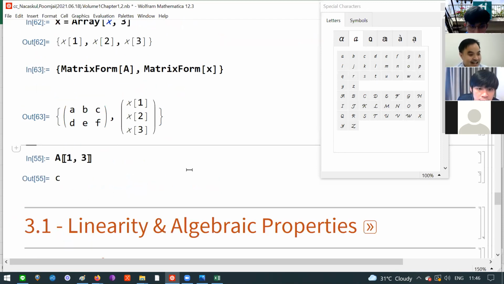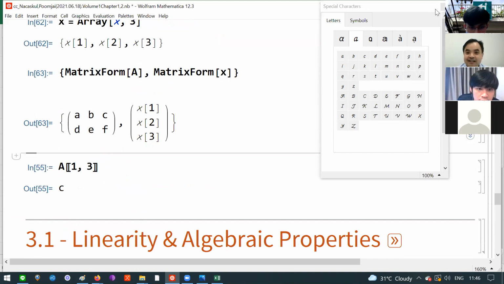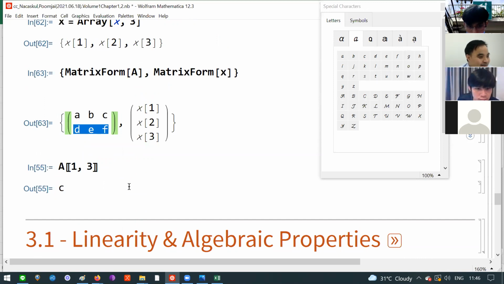Okay. Now, do you guys notice anything? Well, if I block this, forget BEF, just ABC. This looks like a row vector, right?